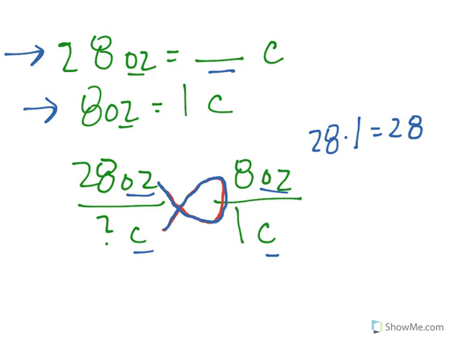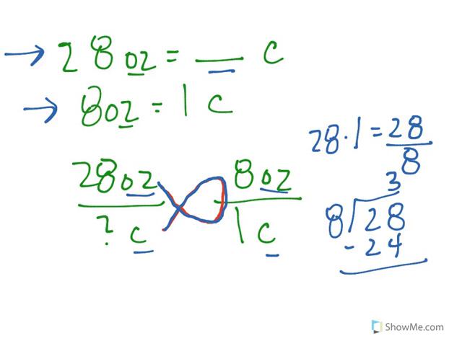Now I'm going to divide that by 8. 8 goes into 28. 8 goes into 24 3 times. I'm going to subtract. There's nothing for me to bring down, so I'm going to put a decimal point right here and add a 0. And 8 goes into 40 5 times. So my answer here is 3.5. Now I can say that 28 ounces equals 3.5 cups.